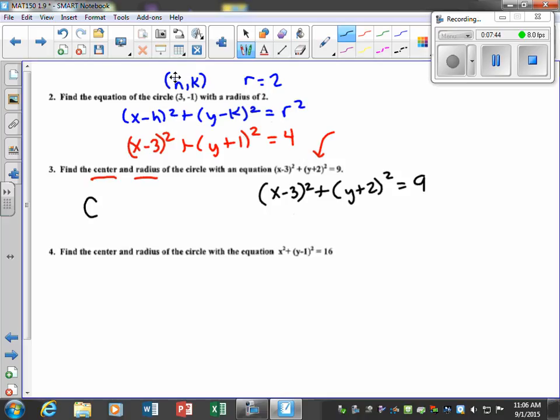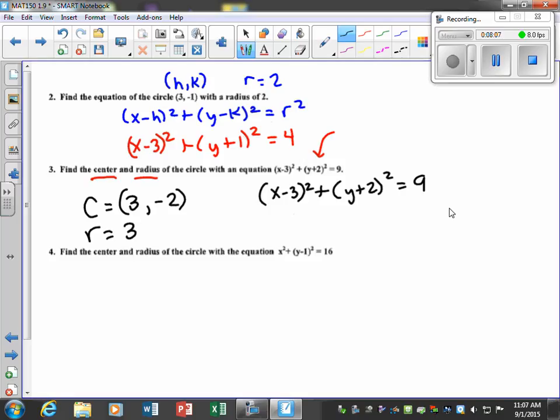So center is going to be what? Yes, good. So that's what I mean when we looked at the definition. It's kind of like the opposite. So 3, negative 2, don't forget that. And the radius is going to be square root of 9, which is going to be 3. Good.